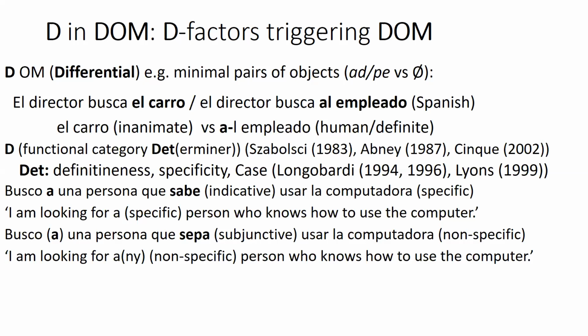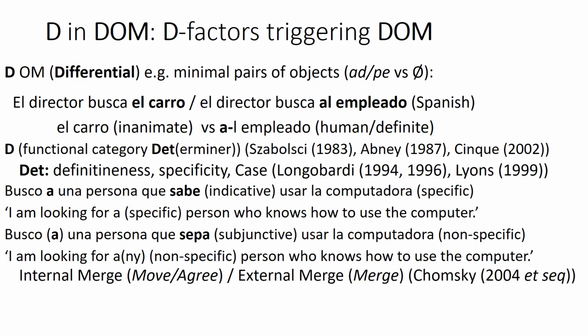I'm looking for a non-specific person. I'm looking for anyone who might know how to use the computer, etc. So specificity here seems to condition the use of a. If it's specific, then a is obligatory. If it's not, then a can be optional. So specificity clearly plays a role.